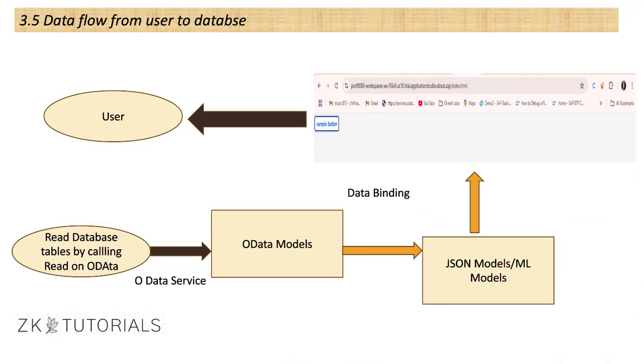So here is the user, who types in some data to the application, for example inside an input control. Once the user types in data, the data will be transferred to our JSON model through the process of data binding.